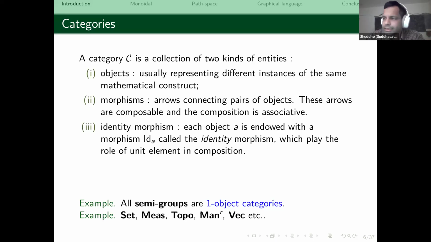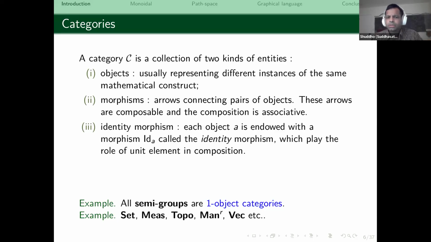And these are also some of the most important examples of categories. So Set is the collection of all sets. I should be careful when I say set of all sets. Rather I should say the collection of all sets up to a certain cardinality. So that's a well-defined collection. And if we allow all possible maps between such sets, we get a category. Of course, maps can be composed with each other and it is associative.